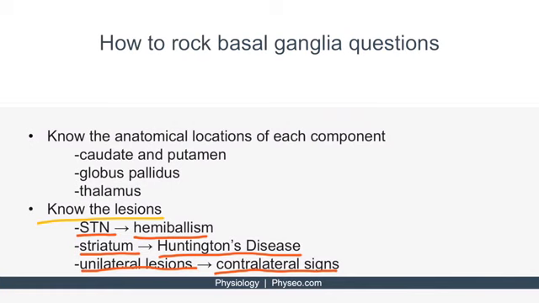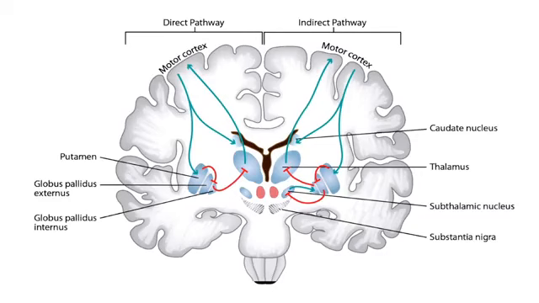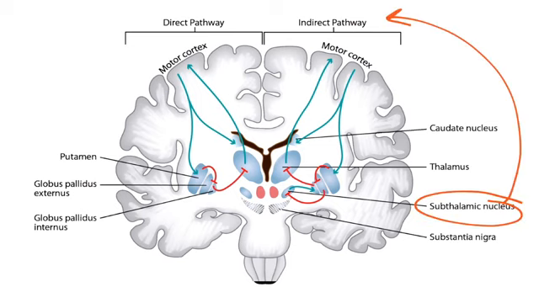Here's the full image of figure 8.31 from your text, and notice that if you damage the subthalamic nucleus, you will cause dysfunction of the indirect pathway. So you will see signs of lack of inhibition, because remember that the indirect pathway decreases motor cortex stimulation, which decreases movement.